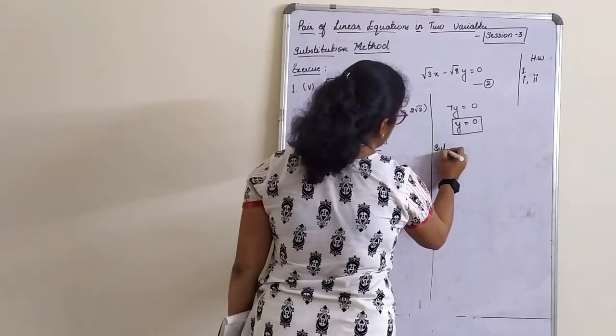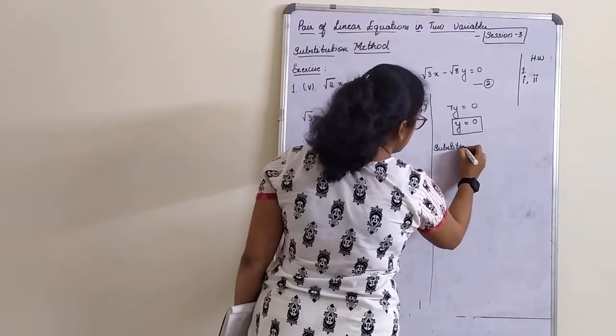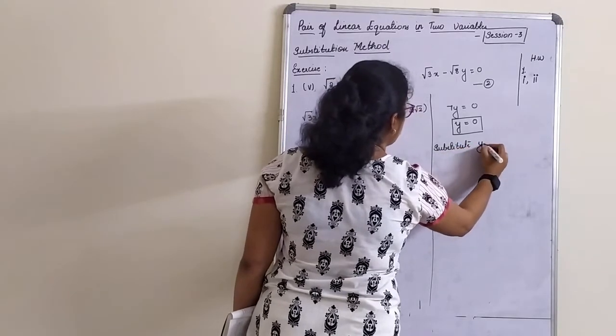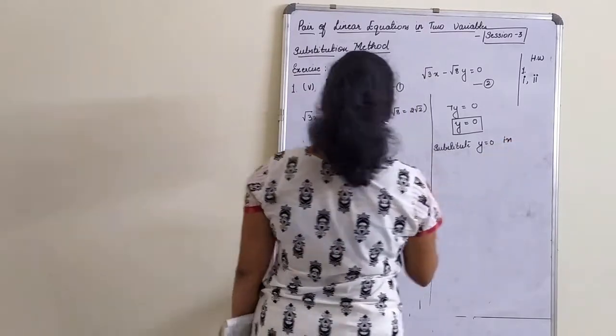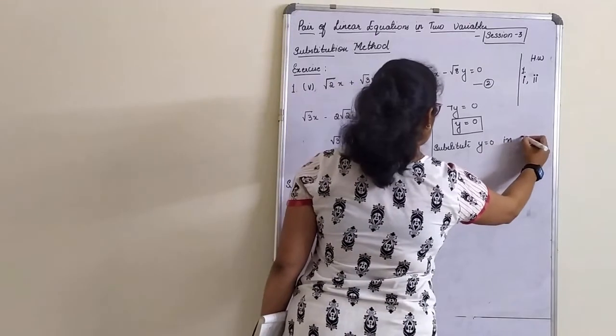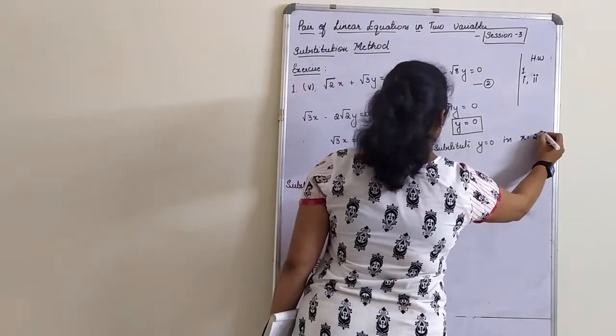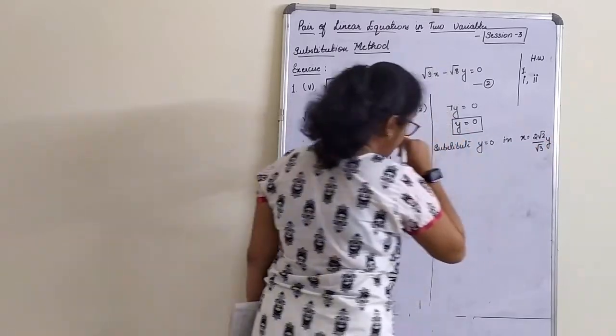Substitute y is equal to 0. In which equation do you want? Okay, shall we put it in this only? Y is equal to 0 in x is equal to 2 root 2 divided by root 3y.